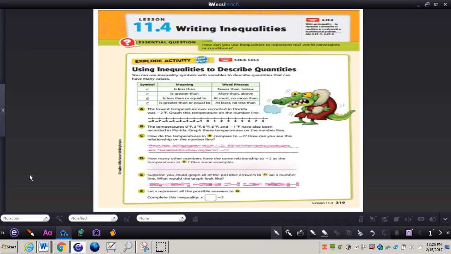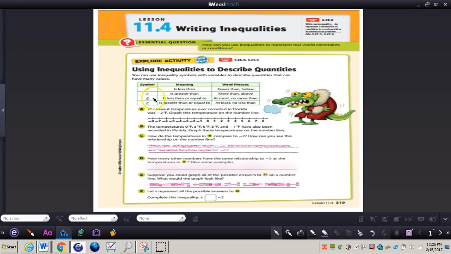You can use inequality symbols with variables to describe quantities that can have many values. You can see the symbols on page 319 and what they mean. First symbol, less than; word phrases could be fewer than or below. The next symbol is greater than, which means more than or above.